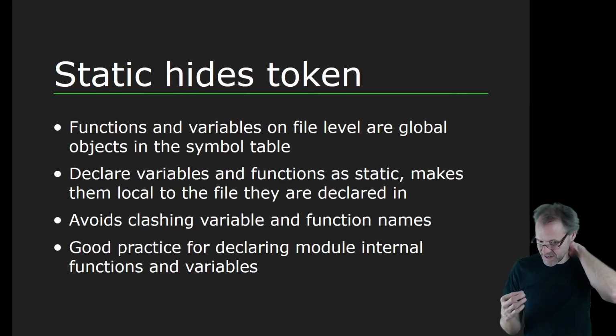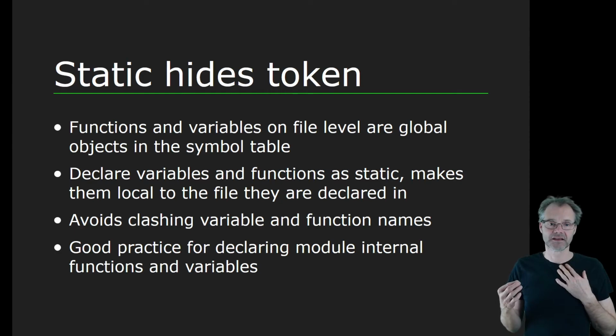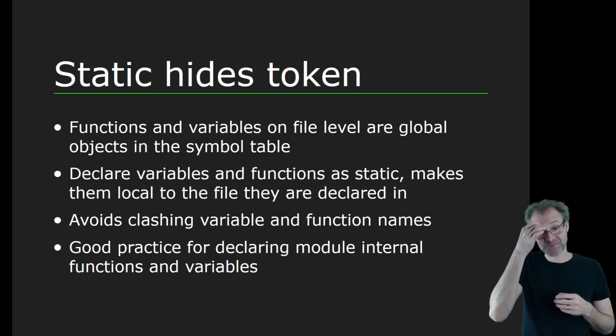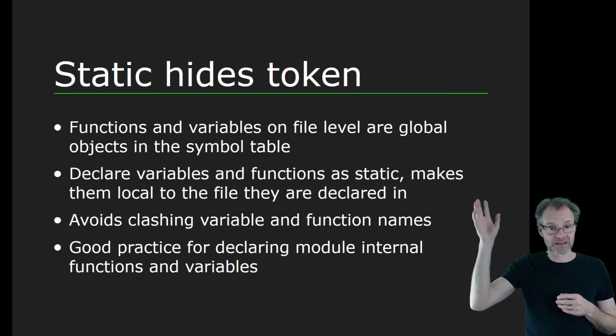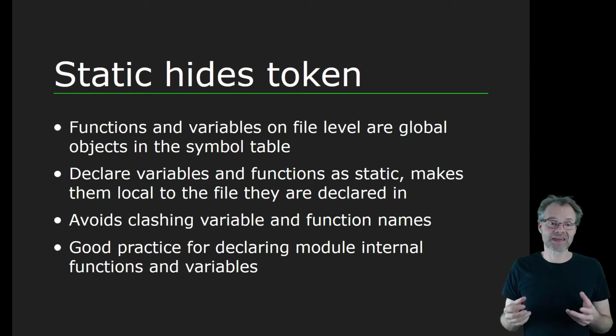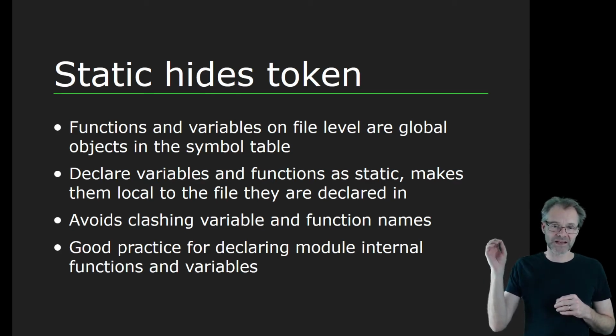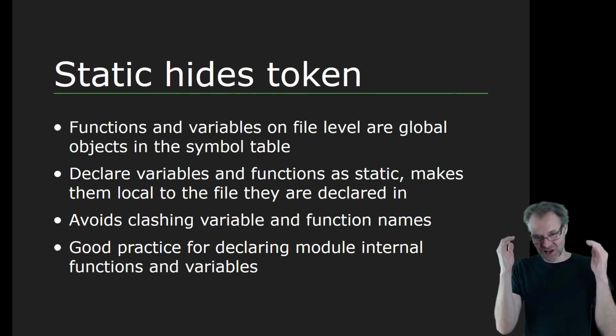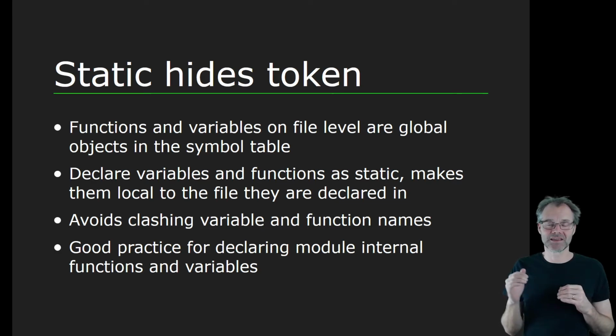So again, this static can in this sense hide the token from other files. So functions and variables on file level, they are this global object in the symbol table. But when we declare them as statics, we make them local only in the file they are declared in.